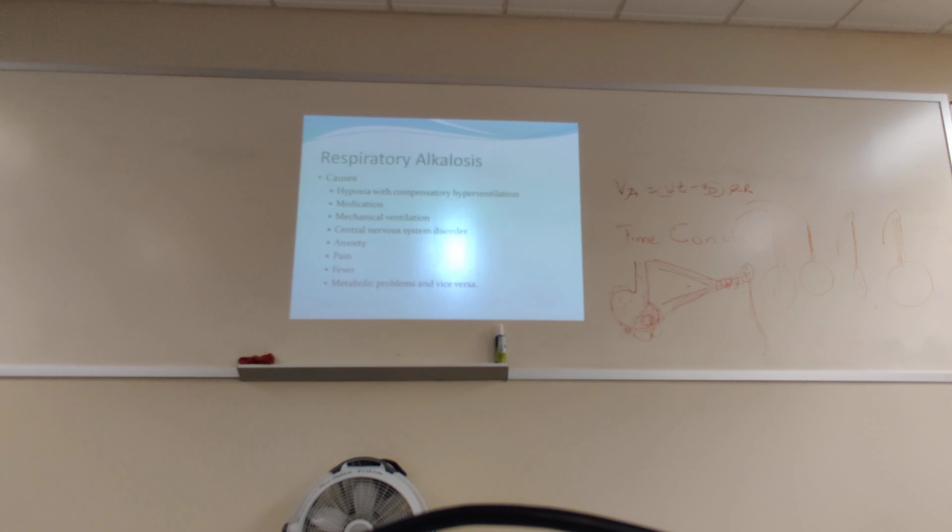Mechanical ventilation, where the respiratory therapist sets a high respiratory rate, that will cause that. Central nervous system disorder, yeah. Have you ever had a patient that no matter what the nurses did to them, they're still going to breathe 50 times a minute? With sedation and everything, they have had a CNS lesion. They just breathe, they do whatever they want to do.